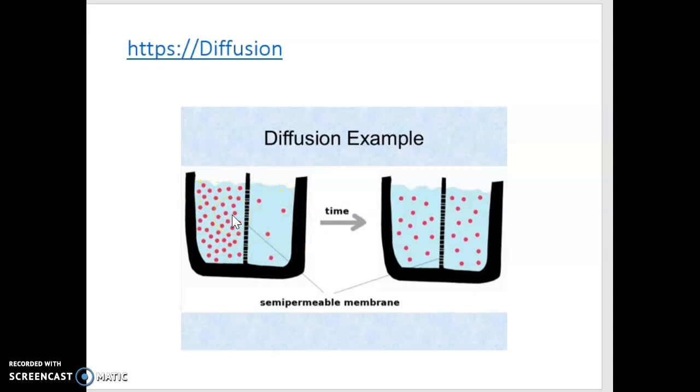In this example, the water is not going to shift. The solutes are going to shift. So they're going to come from this area right here that's more concentrated and going to shift across the semi-permeable membrane to the other side. And then over a period of time, this is how they end up. They end up equal on both sides.